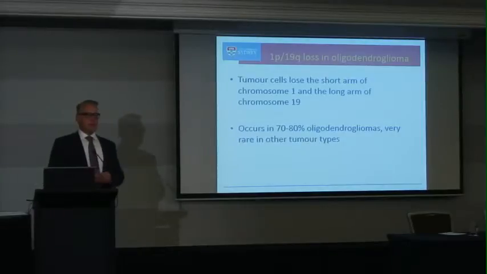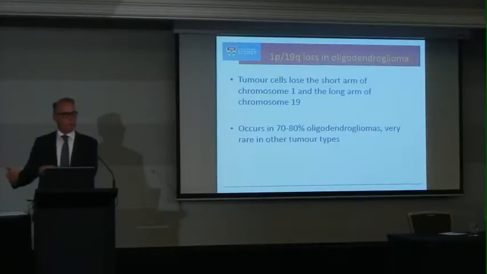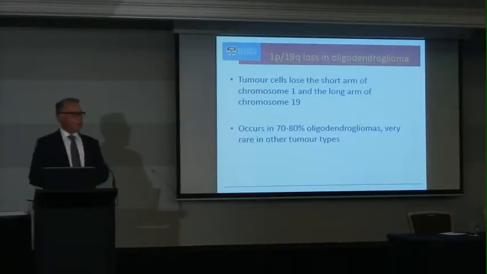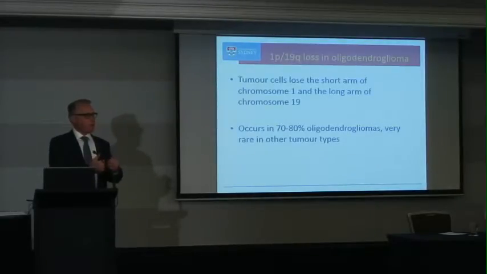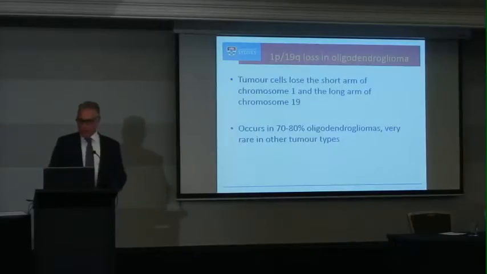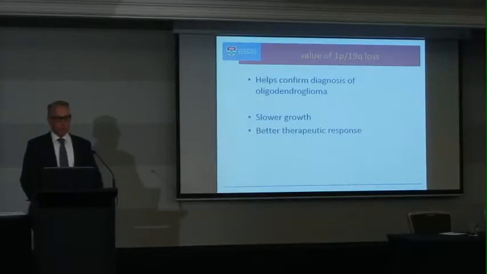So if you get a positive result, oh yeah, this is 1p19q co-deleted, that's very helpful, because then it's confirmed it's an oligodendroglioma. If you get a negative result, so it's not 1p19q deleted, well, it's not so helpful, because we know that probably 20 or 30% of oligos don't have that marker. But still, it is certainly useful in helping confirm the diagnosis.